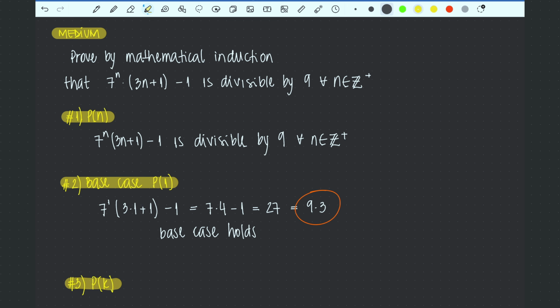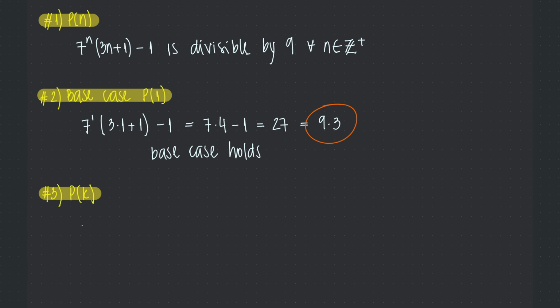Now on to p of k. In the inductive hypothesis, we're going to state that 7 to the k times 3k plus 1, minus 1, can be written as 9 times a, being a positive integer. And we're also going to write that we're assuming that this is true for some positive integer k.